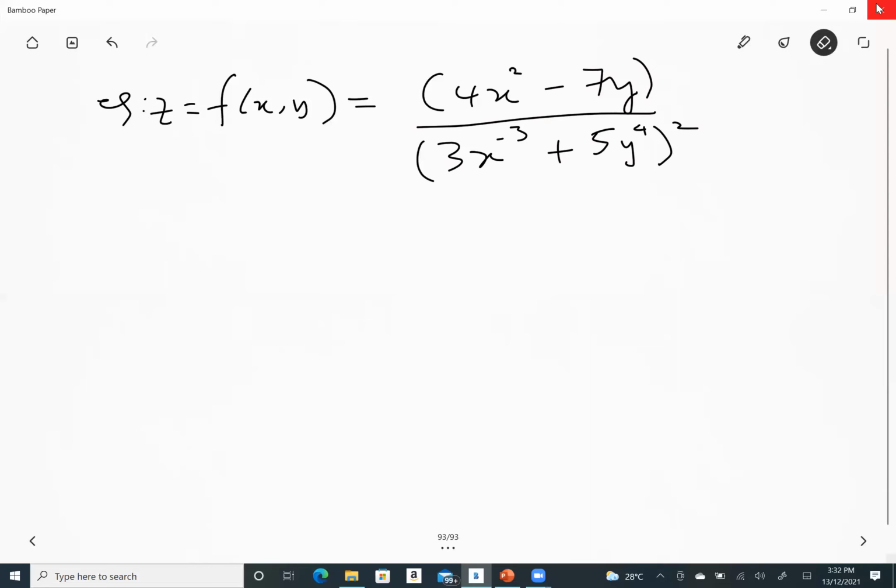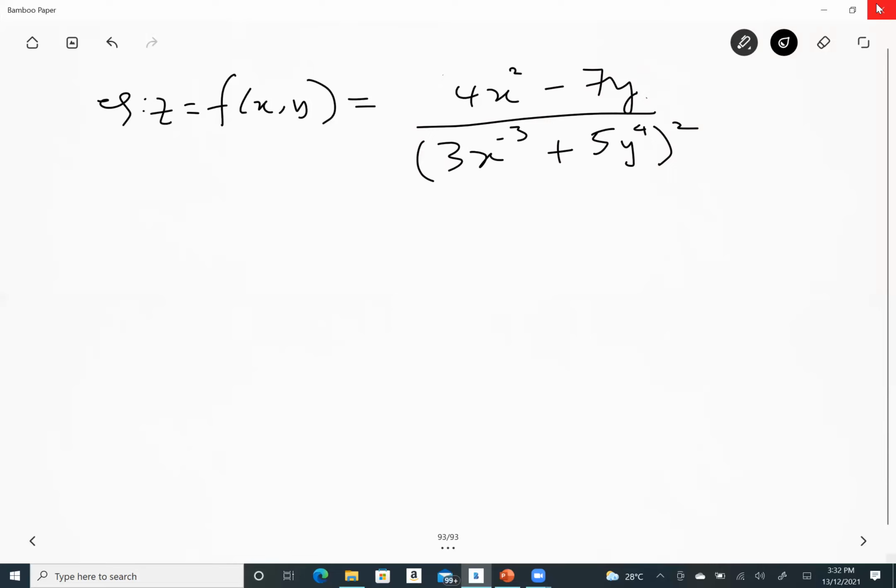Okay, so suppose we have something like this, and you want to find fx, fy, and we are using the quotient rule.